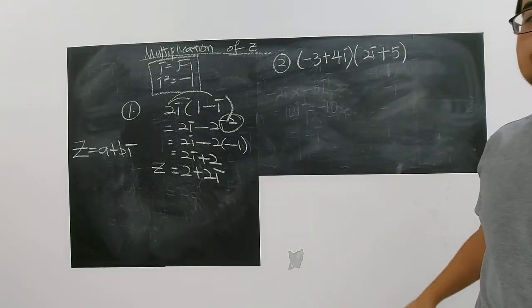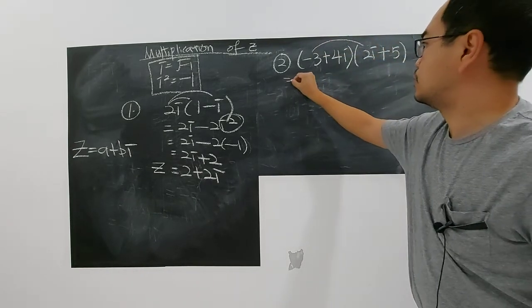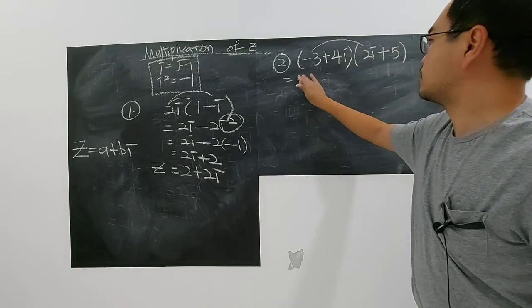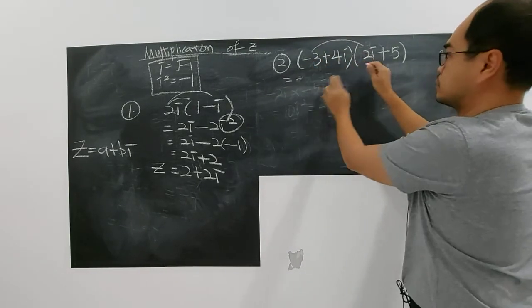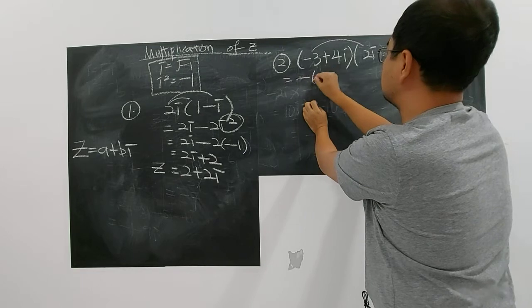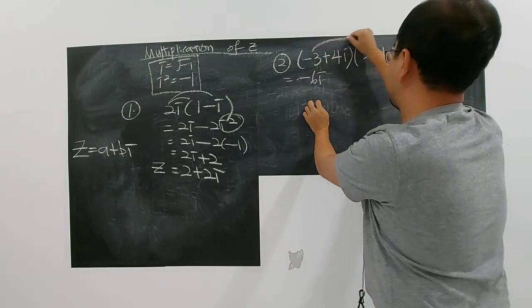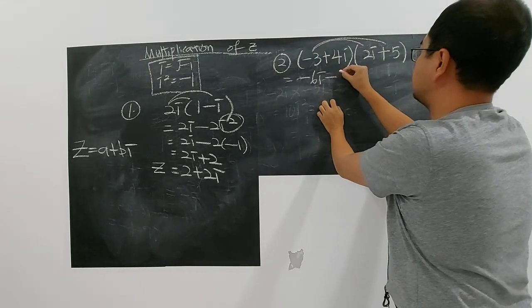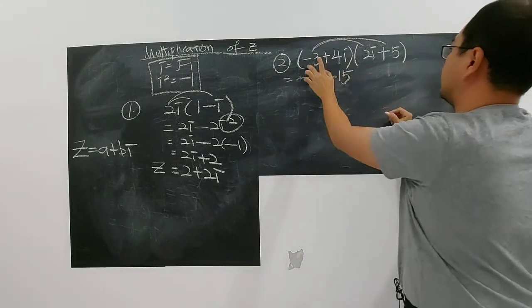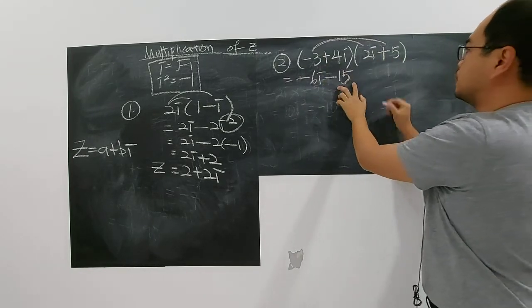Expand the brackets. The first one: negative 3 times 2i, you will get negative 6i. And negative 3 times positive 5, negative 15.